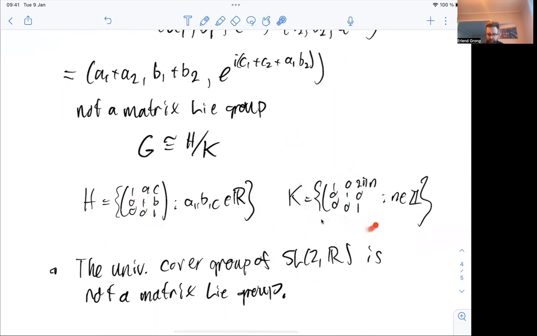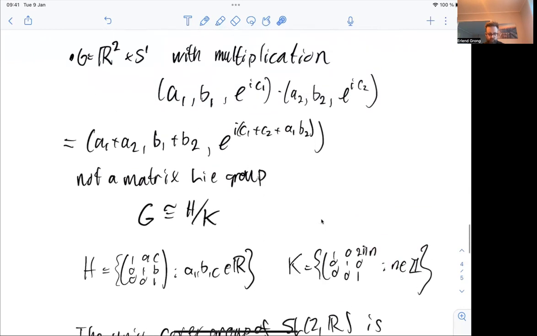And K is the subset of elements where you have 2 pi n for all integers n. If you quotient them out, you get this group here. So this is an example of a group that's a Lie group, but you cannot write it as a matrix Lie group.